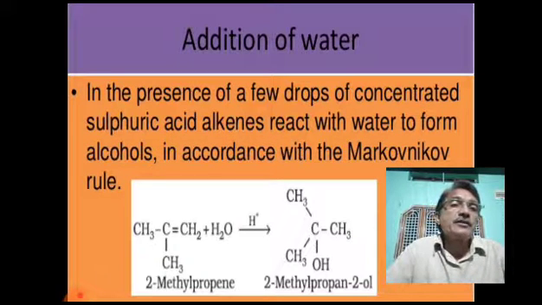Addition of water. In the presence of a few drops of concentrated sulphuric acid, alkenes react with water to form alcohols in accordance with Markovnikov's rule. Let us see this reaction with propene. Here 2-methylpropene on treating with water in the presence of H2SO4 gives 2-methylpropanol.